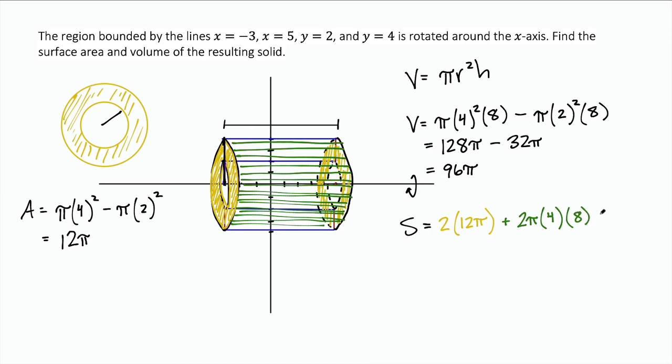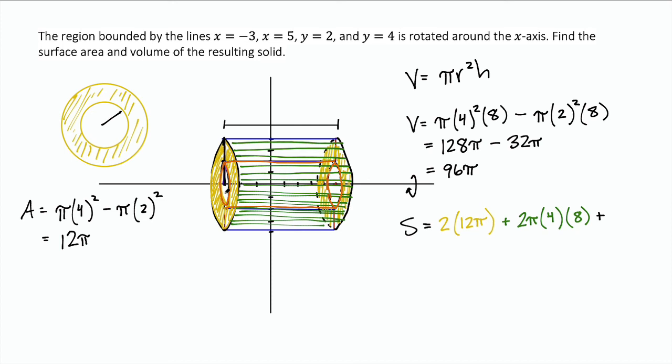And then there's one more surface here that we need to add on, and that's the surface inside this hole. If we look inside that hole, we've got another cylinder in there, really, right? I'm just going to draw it here in orange. There's this cylinder in there, and we need the surface area of that because that's like this inner surface of this shape.